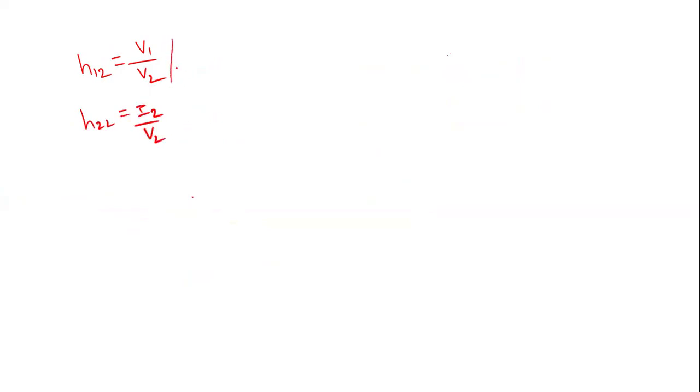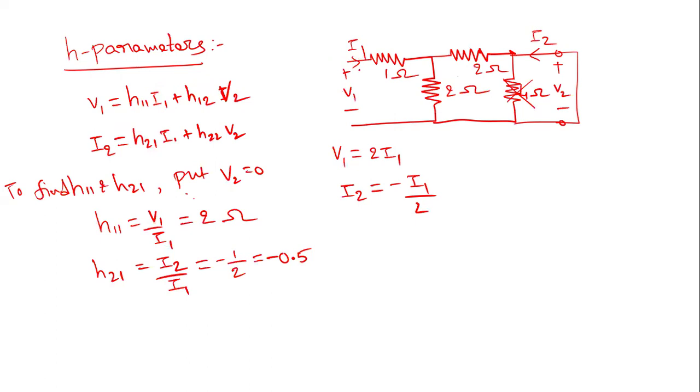What is the condition? Here I1 is 0. If you substitute I1 equal to 0 in this circuit and open circuit these terminals, there is no current flow through this 1 ohm resistor. So there is no voltage drop across the 1 ohm resistor, so this node voltage becomes V1.